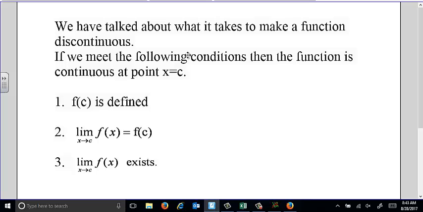There are cases where you could come up with something that would satisfy 2 out of 3 of these requirements, but you would still be discontinuous. But if you satisfy all 3 of these requirements, then the function is continuous and you won't have to lift your pen up.